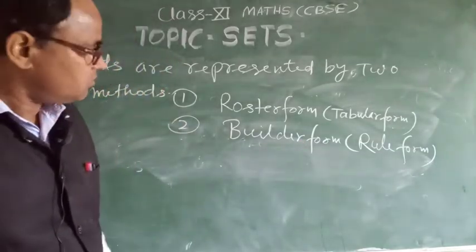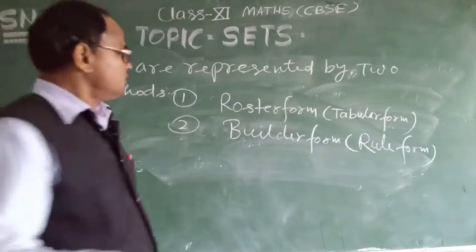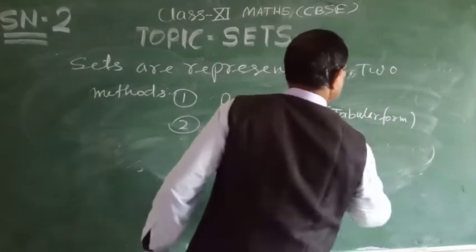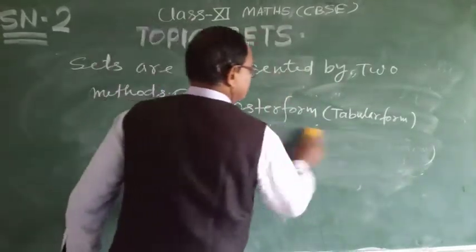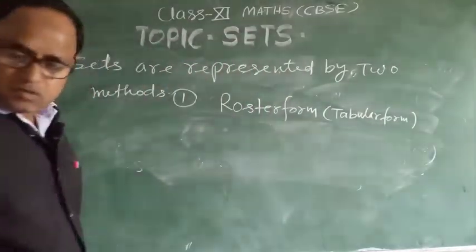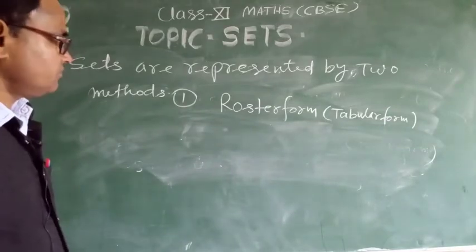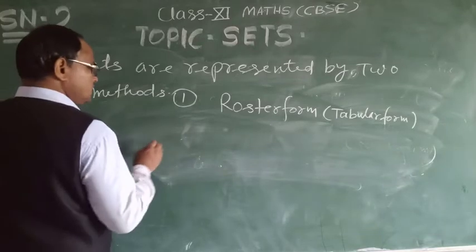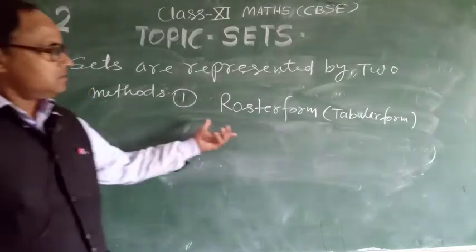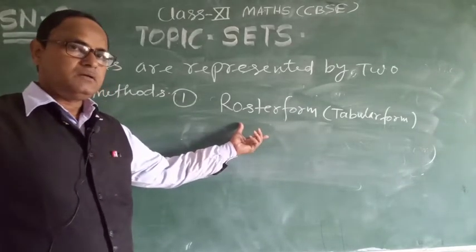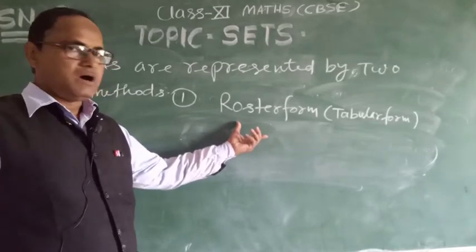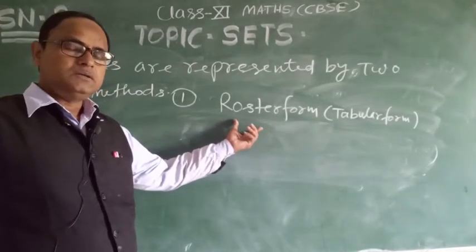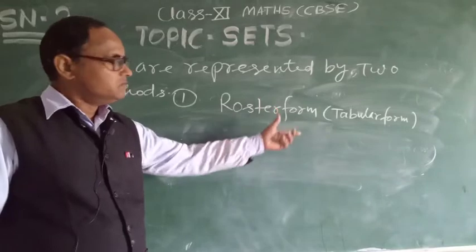Before we know about roster form, first we know that in roster form, elements are written by commas inside a middle bracket.